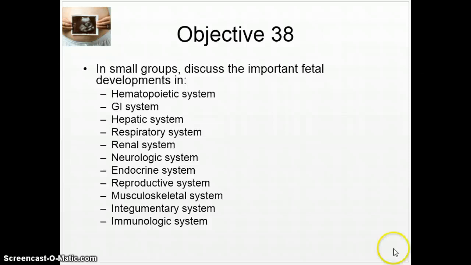The cardiovascular system, which kind of goes into the hematopoietic system, it is important to know when the blood is then initiated from the liver and the bone marrow, and also that the heart of an embryo begins to beat at about 4 weeks gestation.